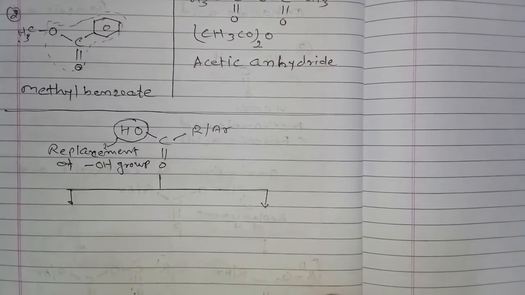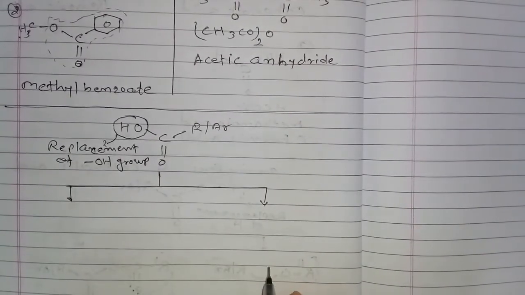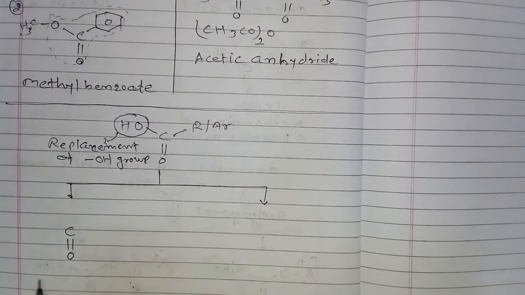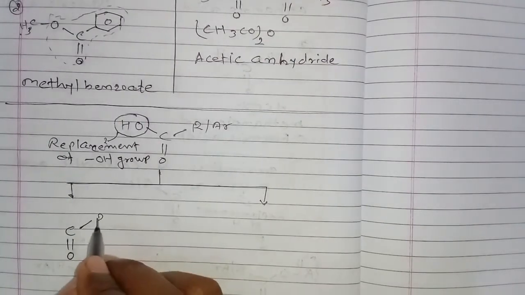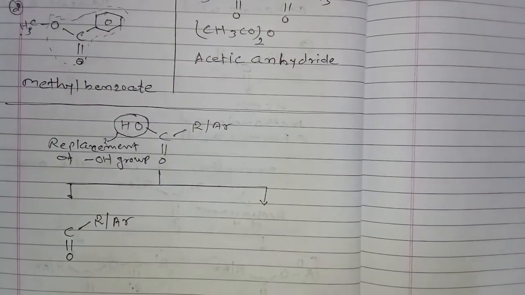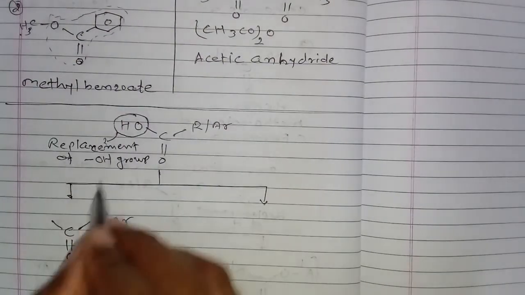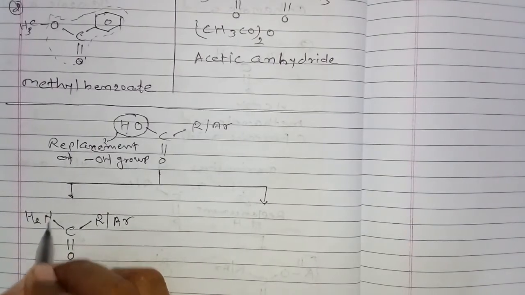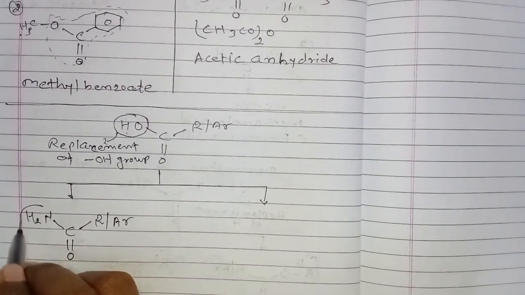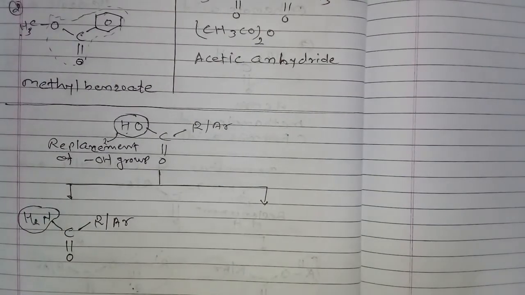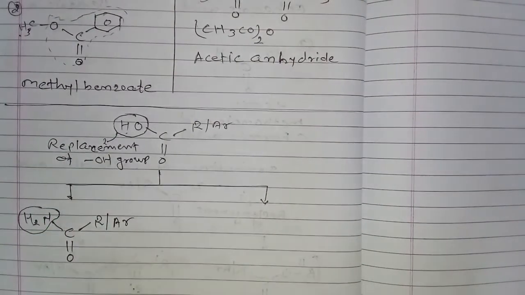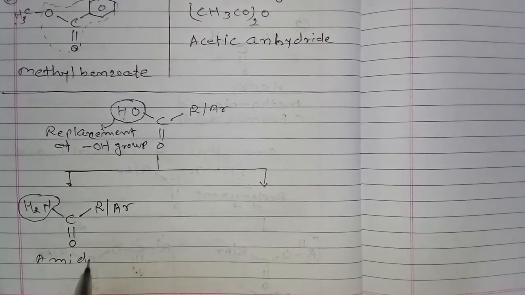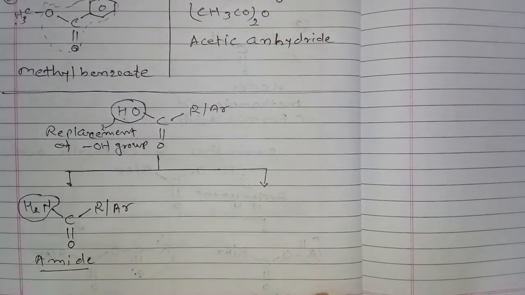For example, the carbonyl group of the carbon is bonded with an alkyl or aryl group, and the hydroxyl group is replaced by nitrogen, that is amine NH2, and it is called an amide.